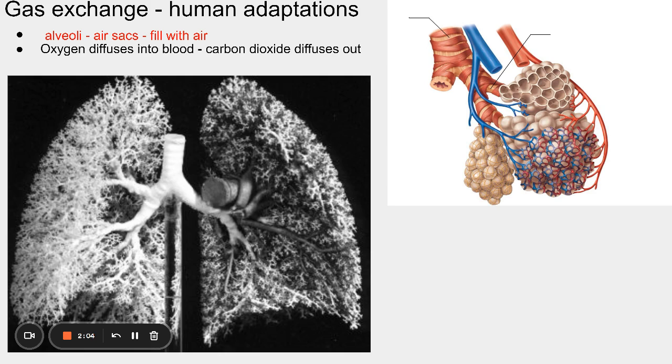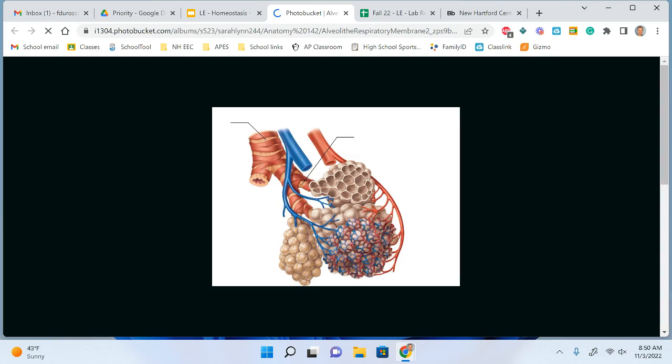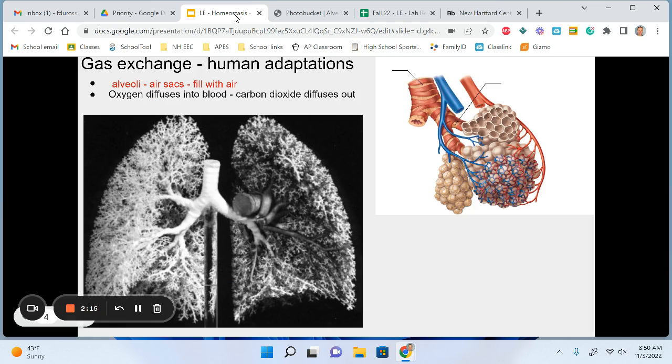And then surrounding these little clusters is a whole bunch of blood vessels. Capillaries. And those blood vessels, as we breathe in, we inflate these tiny little air sacs with air from the atmosphere. When each of these little air sacs fills with that air, those blood vessels surrounding them, those capillaries, can then absorb oxygen from that air because of diffusion.